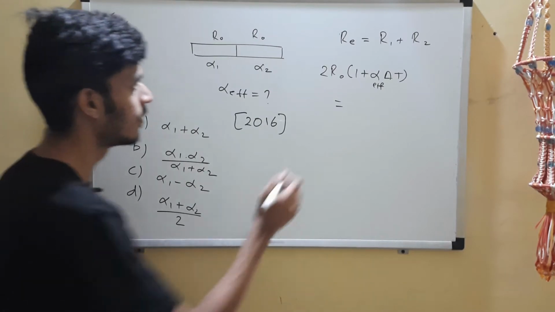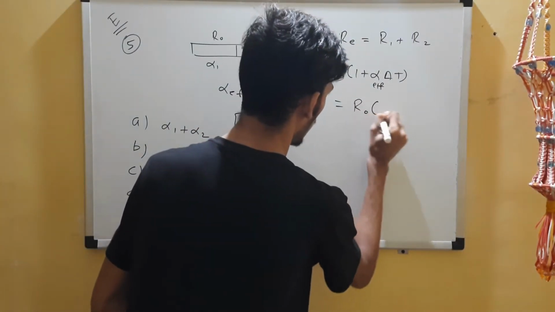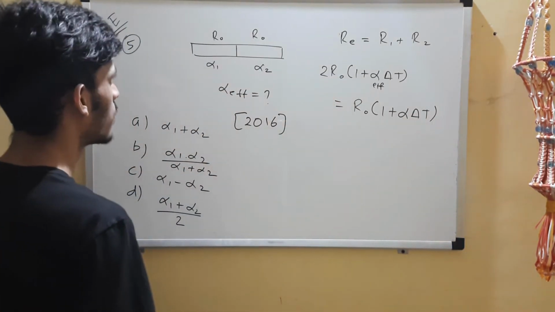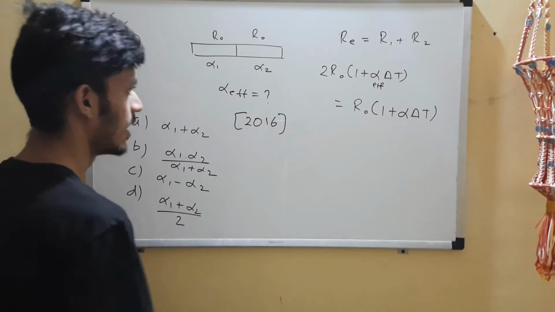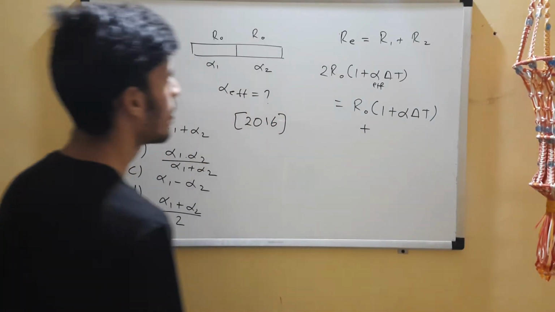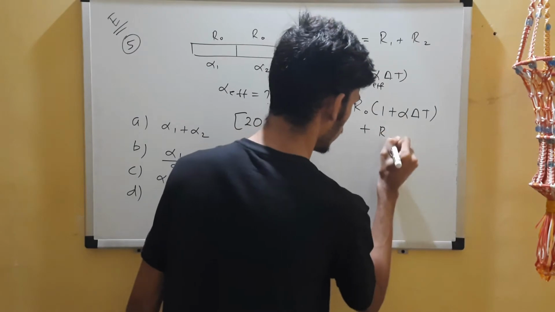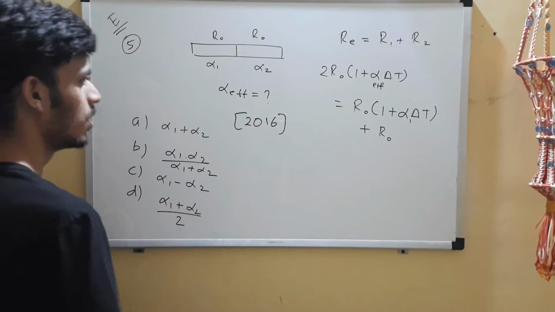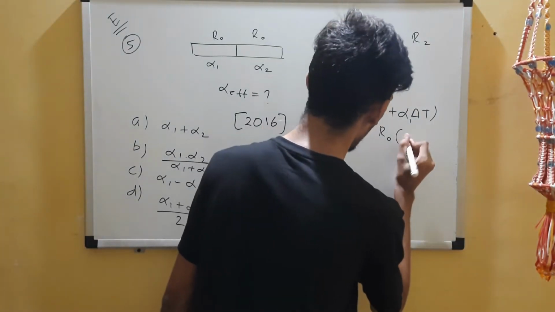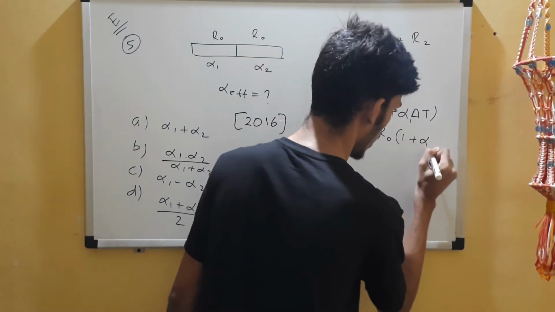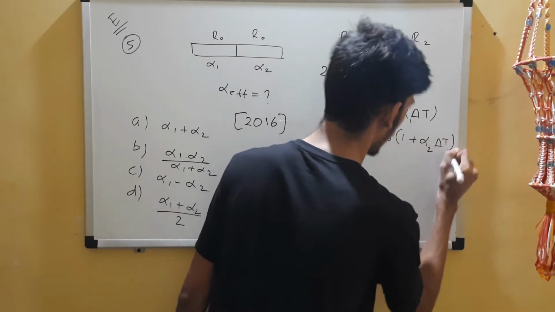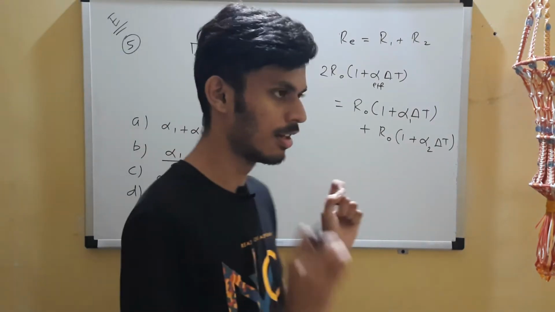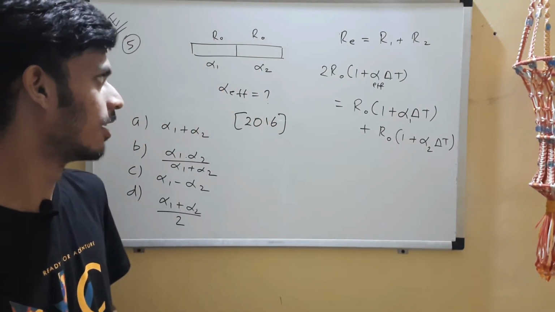So here we'll have R1 as R0 into 1 plus alpha 1 into delta T. Okay, so we are considering the temperature change as delta T. So R2 will be again R0, for R1 it's alpha 1, for R2 it's alpha 2. So R0 into 1 plus alpha 2 into delta T, right? That is R1 plus R2. Okay, we are writing the temperature dependent equation. Keep that in mind.